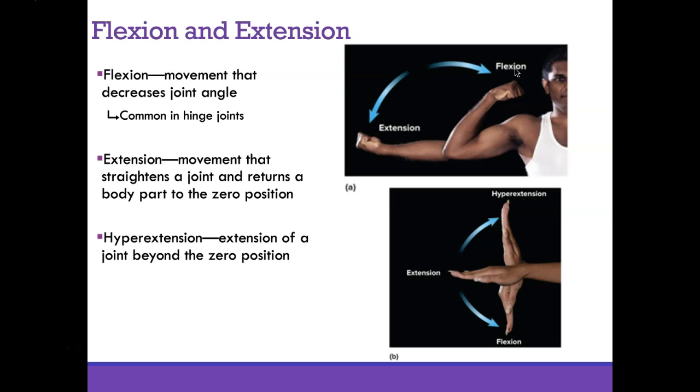Same idea as in the hand: you can flex, you can extend, or you can hyperextend. Flexion and extension occur at nearly all diarthroses. Hyperextension is limited to only a few types of diarthroses, like a hinge joint.